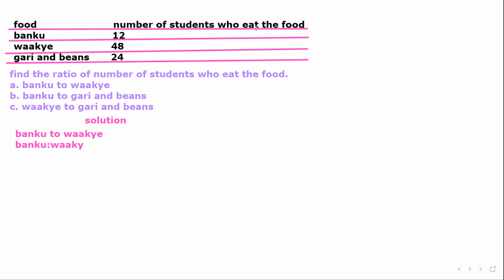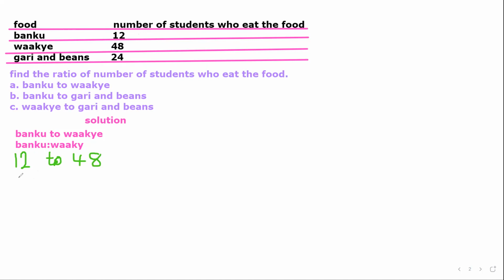Now the number of people who prefer Banku is 12, to the number of people who prefer Wache, which is 48.